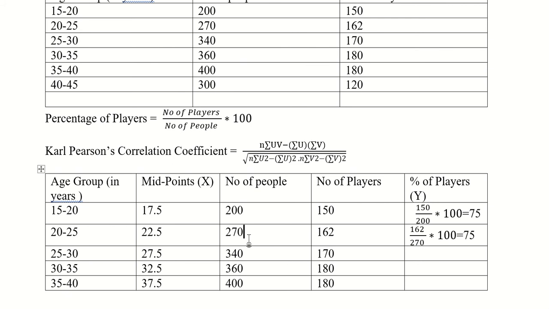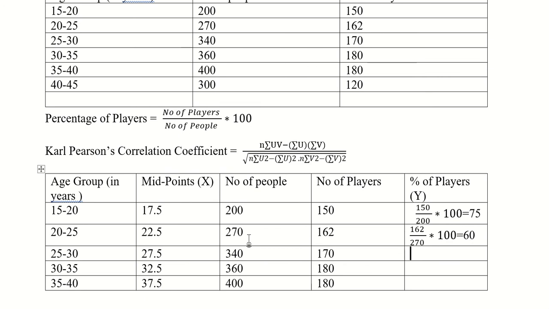So out of 270, 162 people play a certain game. When we change it into percentage form, the answer we get is 60. So similarly, we will calculate for the rest of the cases also.